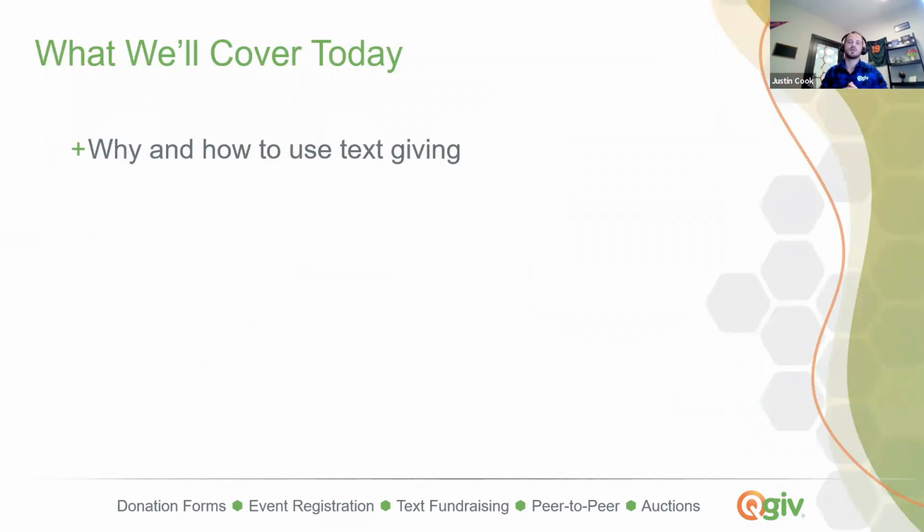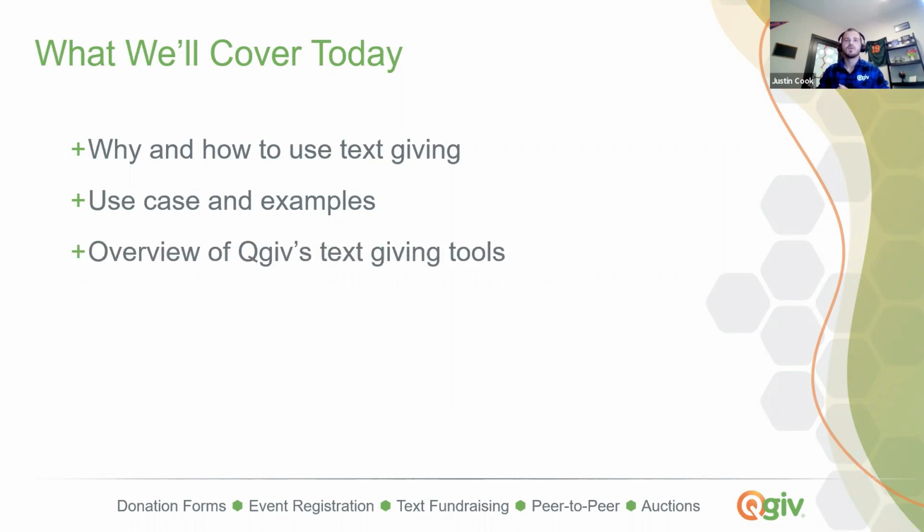So here's a little bit about what we're going to be covering today. We're going to dive into text giving and how your organization could use the text giving tools to engage your donors and to raise more funds for your organization. We'll dive into why you should use it and how to use text giving. We'll show you some use cases and examples from different Qgiv clients that have used our text giving tools in the past. We'll give you an overview of our text giving tools and dive into the dashboard so that you can see what that looks like in the Qgiv dashboard.